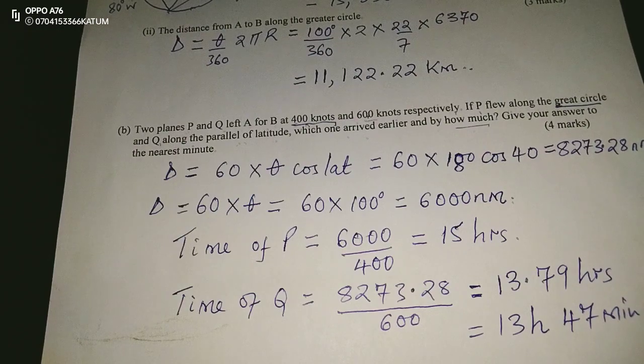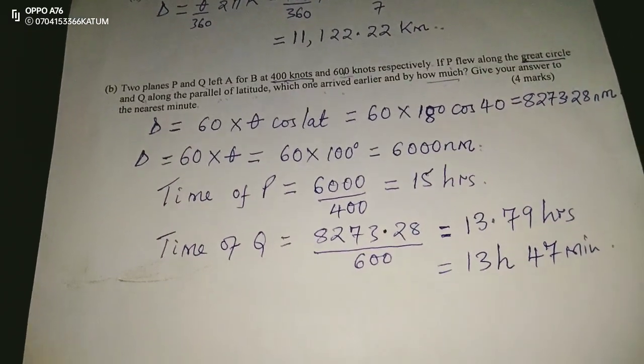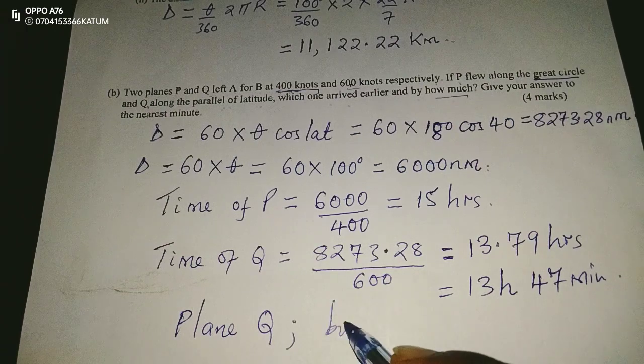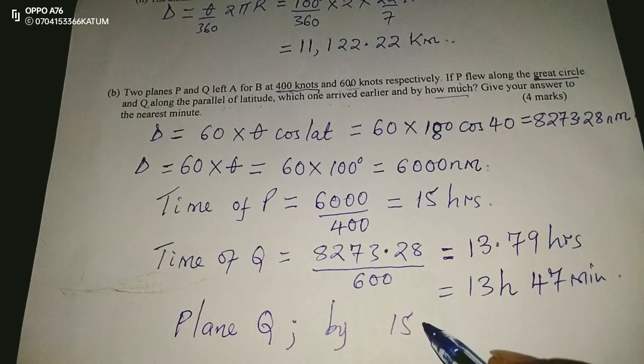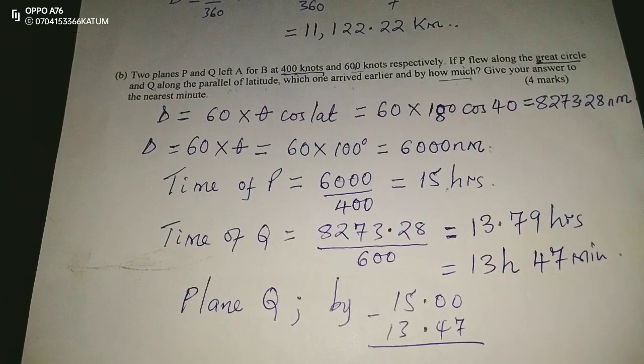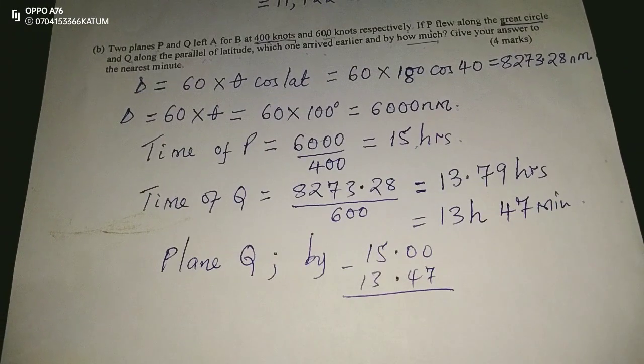Therefore, the plane which is going to arrive earlier than the other one is plane Q. When we take 15 hours, because the other one will arrive after 15 hours, but this one is only taking 13 hours 47 minutes, we subtract to get the time difference.